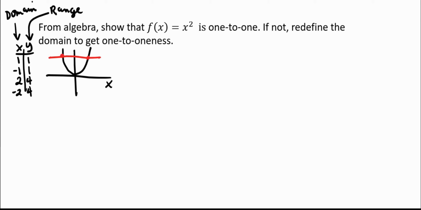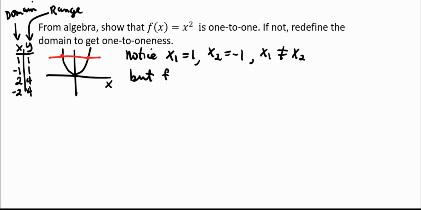So we conclude that, notice x sub 1 is equal to 1, x sub 2 is equal to negative 1. x sub 1 is different than x sub 2.